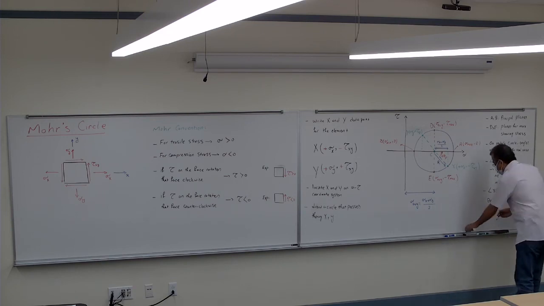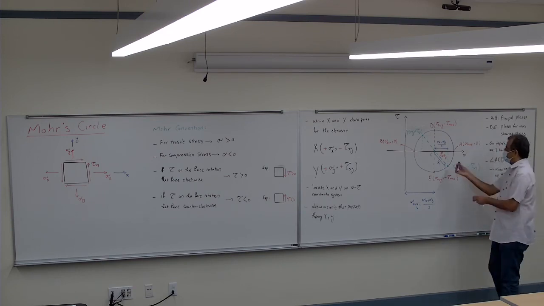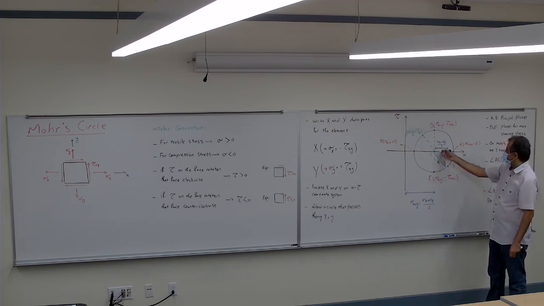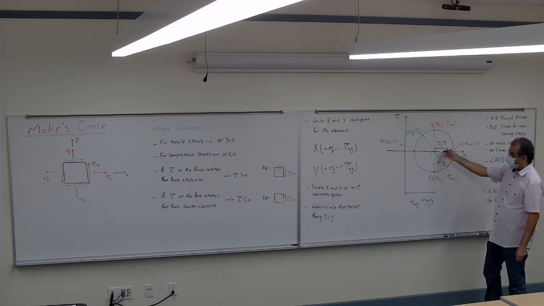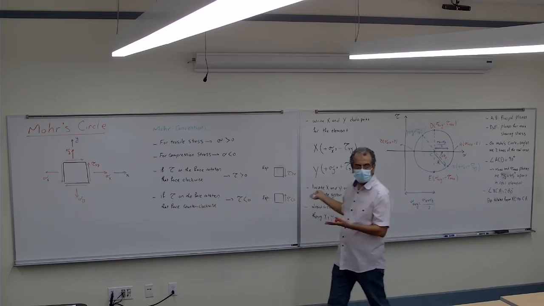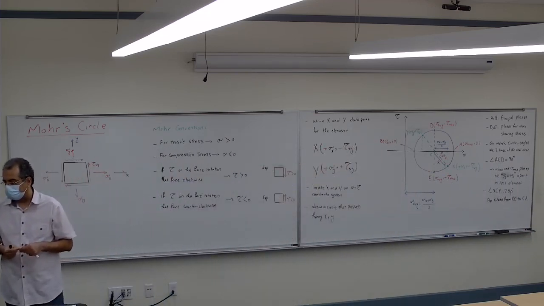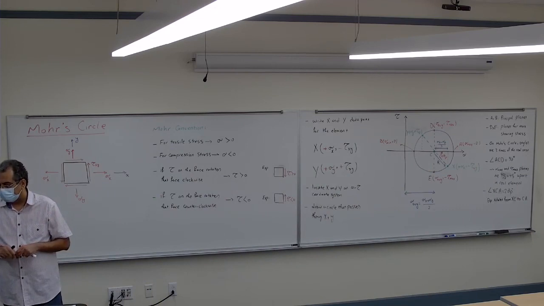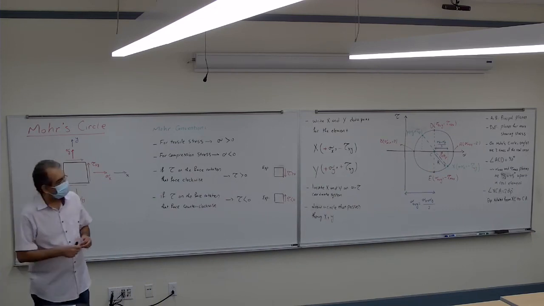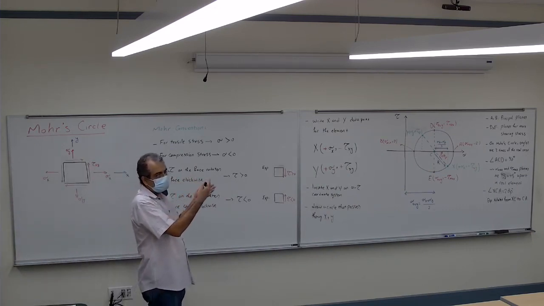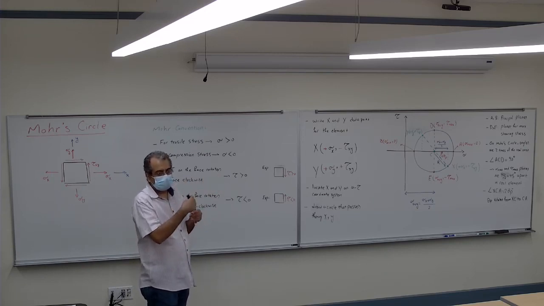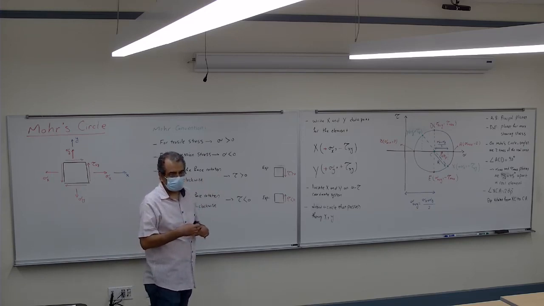So this is Cx and it's rotated to the Ca. In this case, does it rotate clockwise or counterclockwise? Here it rotates counterclockwise.